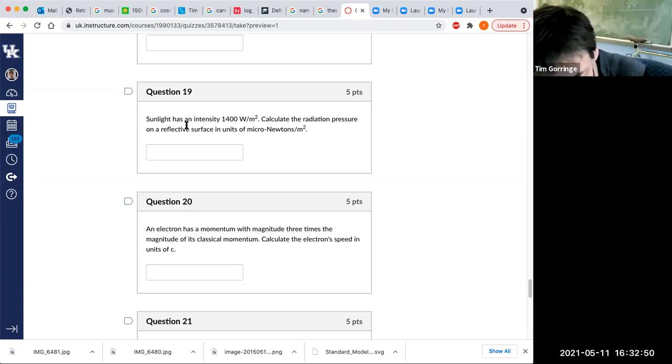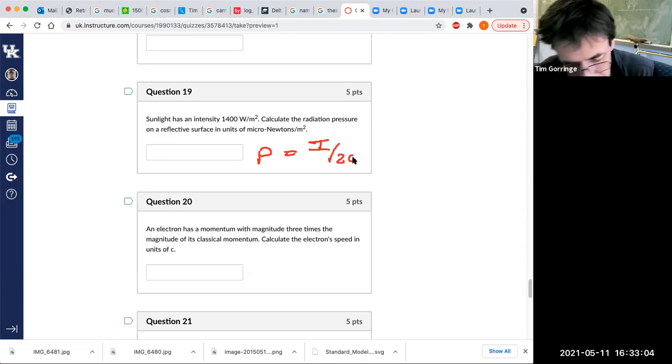The relationship between them, if the surface is reflective, is the following. The radiation pressure, we call it P, is the intensity over 2 times the speed of light. That's for a reflective surface. So all we have to do is fill in the intensity, 1400 watts per square meter, fill in the speed of light, 3 times 10 to the 8 meters per second, and divide one by the other.